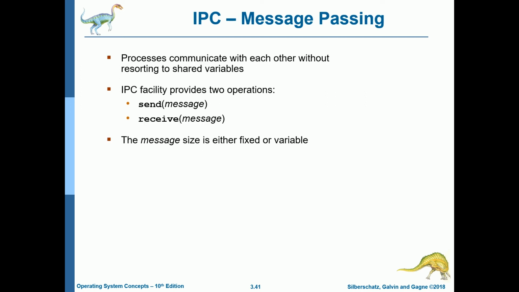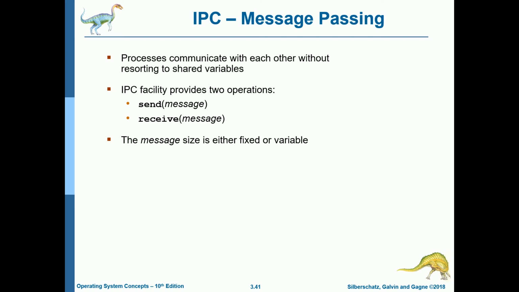Now another way to achieve the exact same effect is for the operating system to provide the means for cooperating processes to communicate with each other via message passing. Message passing provides a mechanism to allow processes to communicate and synchronize their actions without sharing the same address space.